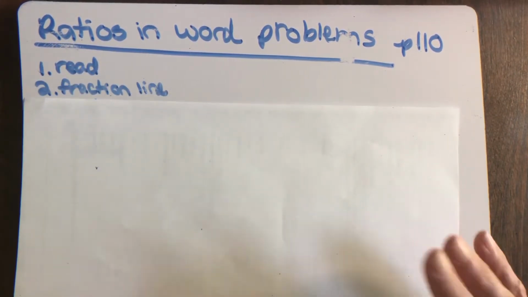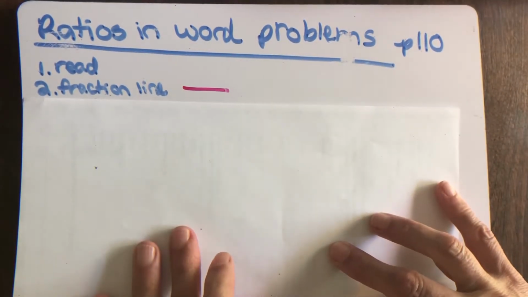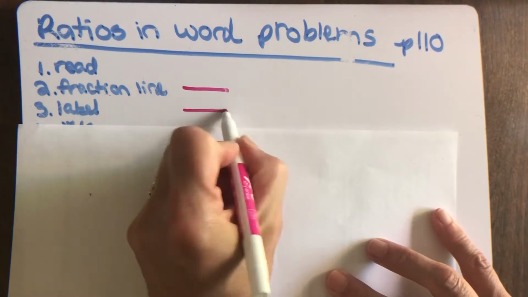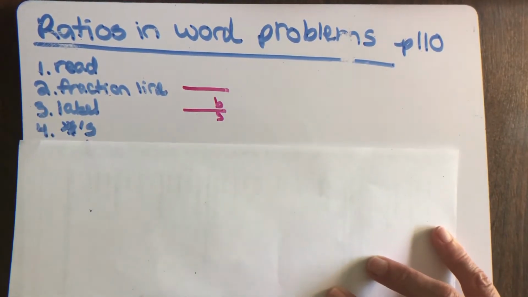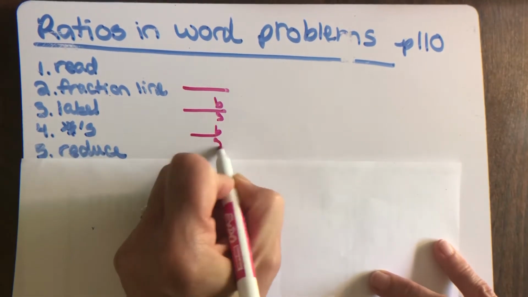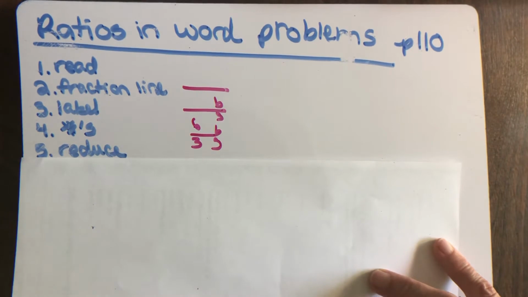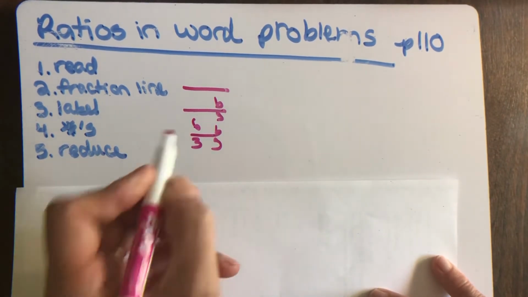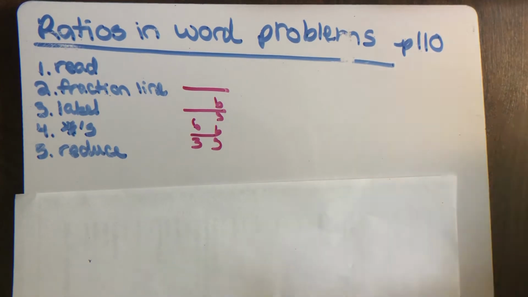We want to draw a fraction line. Okay, we're going to set them up like a fraction. We want to put the labels in, whatever the labels are for our problem. And then we want to put the numbers in, say it was 6 and 3, and then we want to reduce.